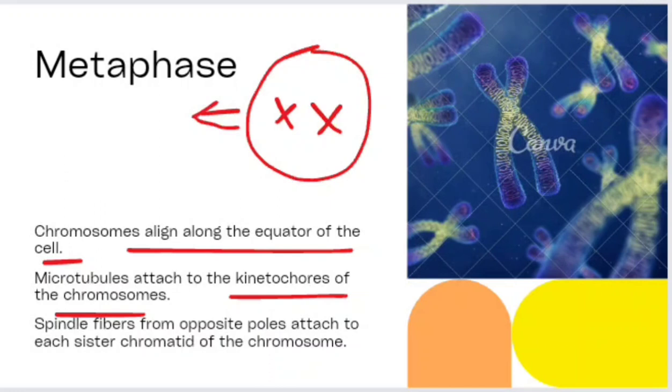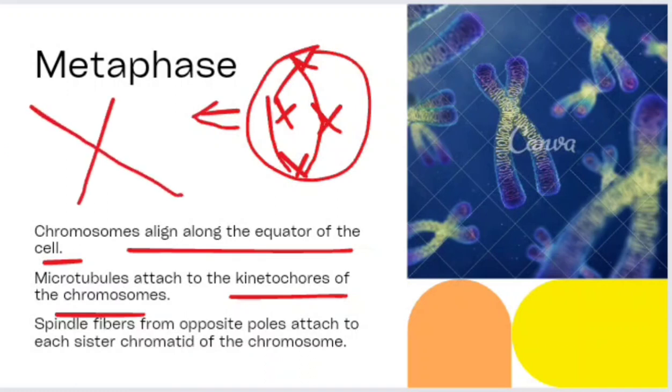We know spindle fibers were formed from the centriole and they attach from both of these poles to the kinetochore of the chromosomes. Now what is a kinetochore? See, this is a chromosome. Here this is a centromere, and on either side of the centromere two structures are present which are called the kinetochore.